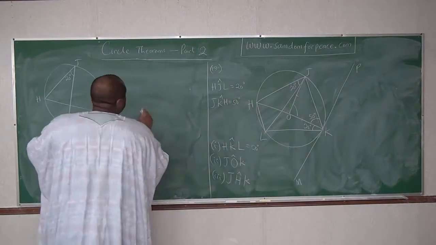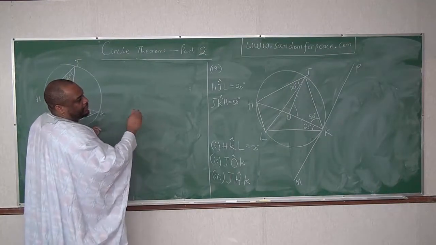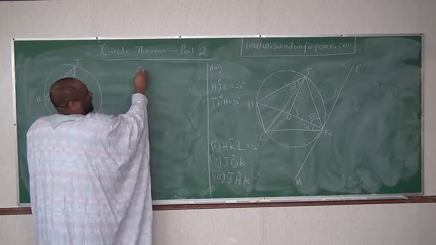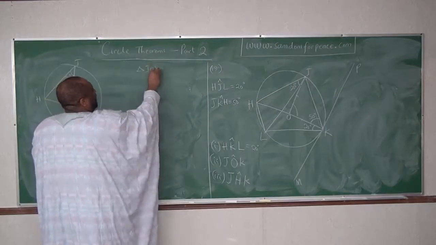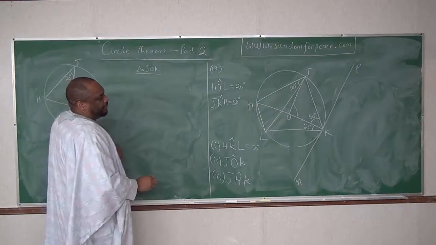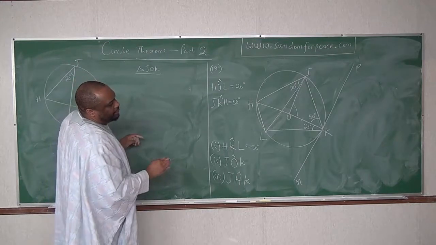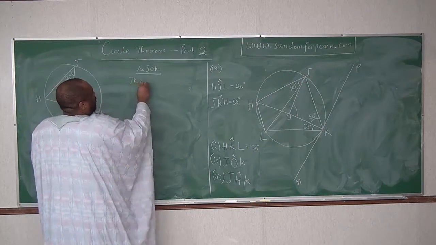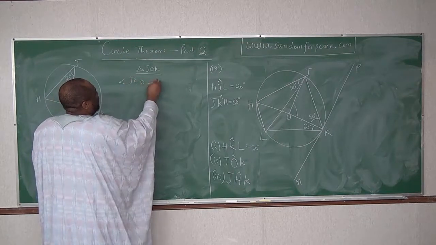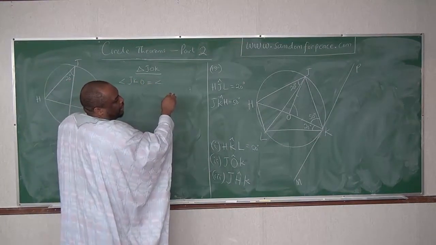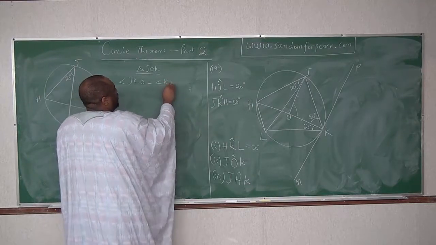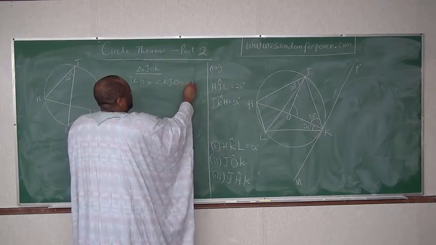We can say that, considering triangle JOK, angle JKO is equal to angle KJO, and that should be 50 degrees.